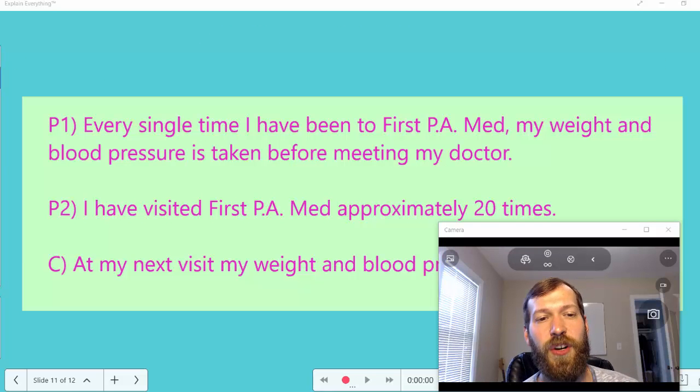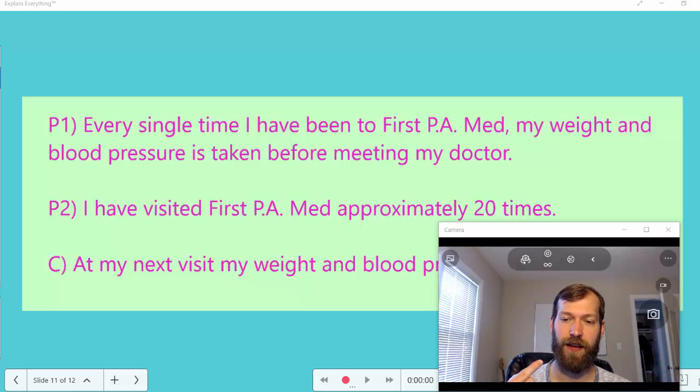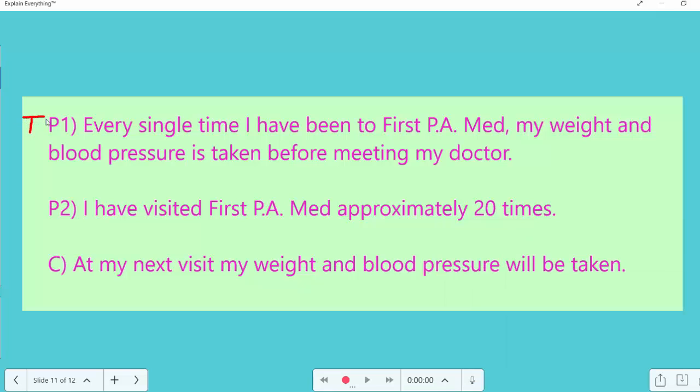All right, so let's determine whether this argument is a cogent argument or an uncogent argument. Our first premise: every time I, and we're talking about me, have been to First PA Med, my weight and blood pressure is taken before meeting the doctor. Turns out, I'm just going to let you know, that's true.